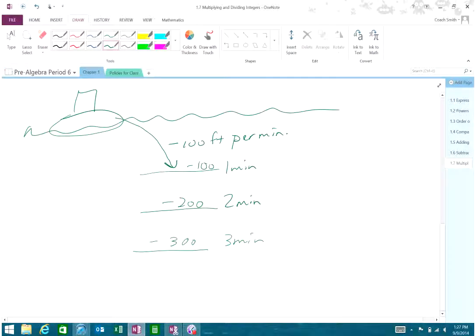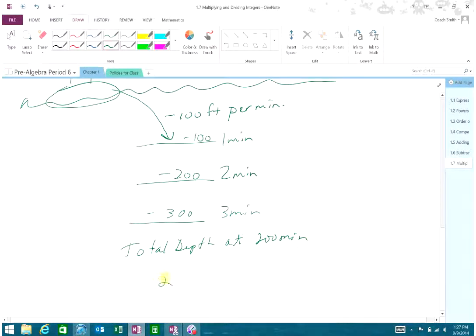Okay? So to find its total depth at 200 minutes, okay, we would take 200 times negative 100. 200 times negative 100 would be what?